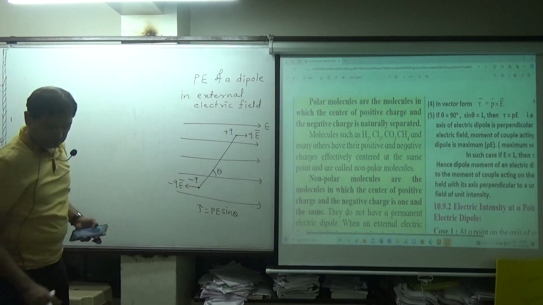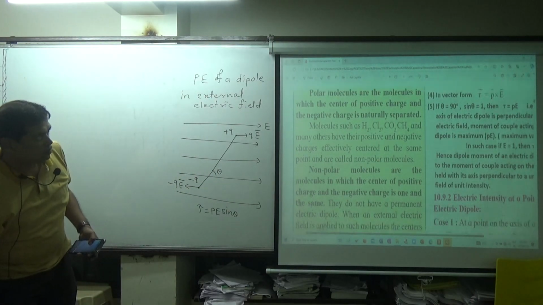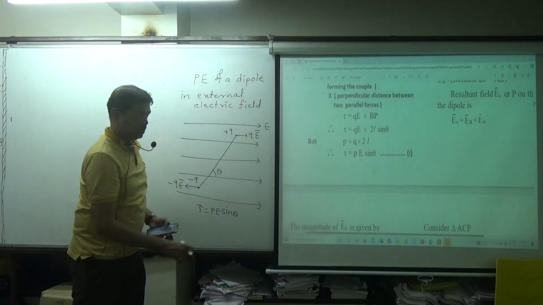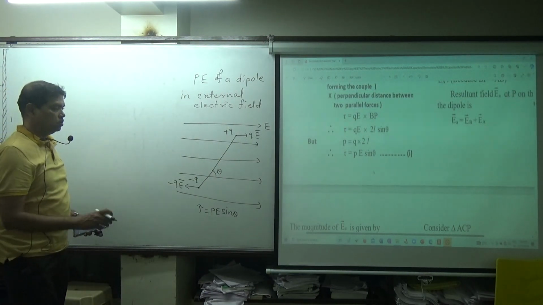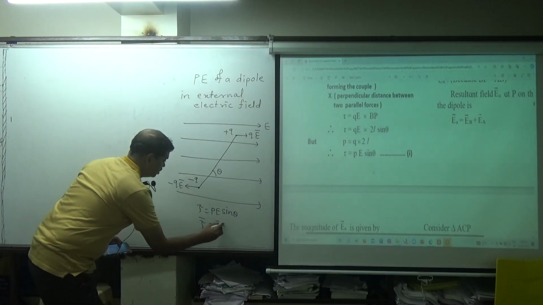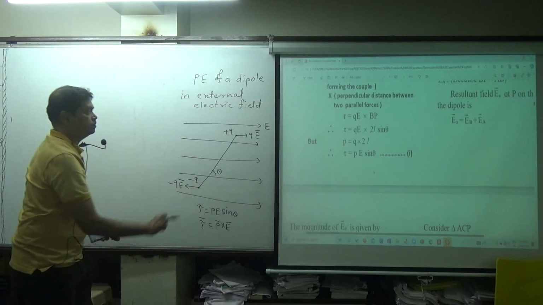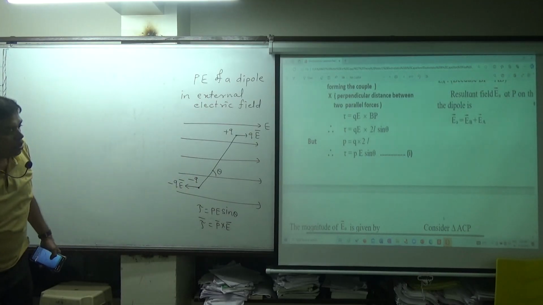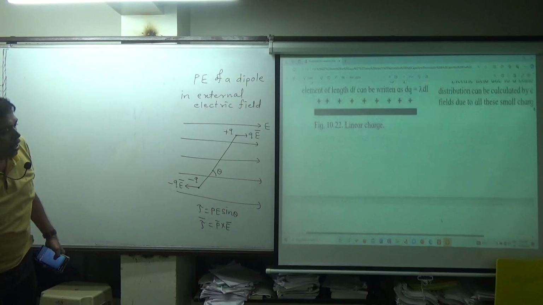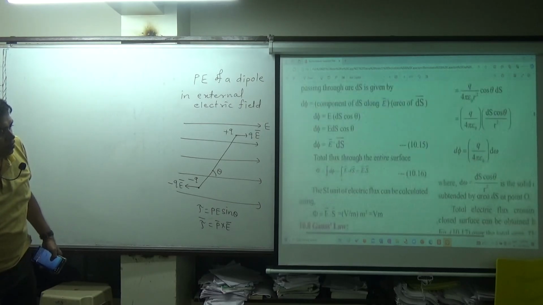We have already seen this. Torque is P E sin theta, and it is a vector quantity, P bar cross E bar. Is that clear? Now what we are going to see is the potential energy of a dipole in an electric field.